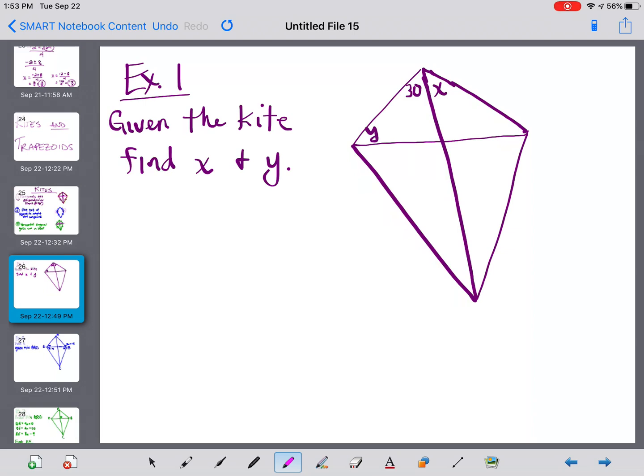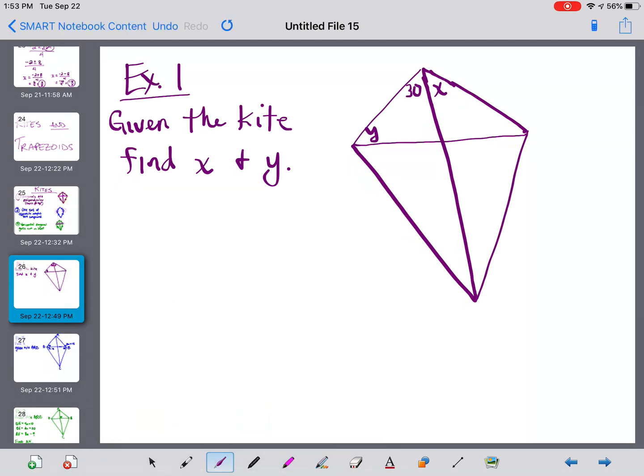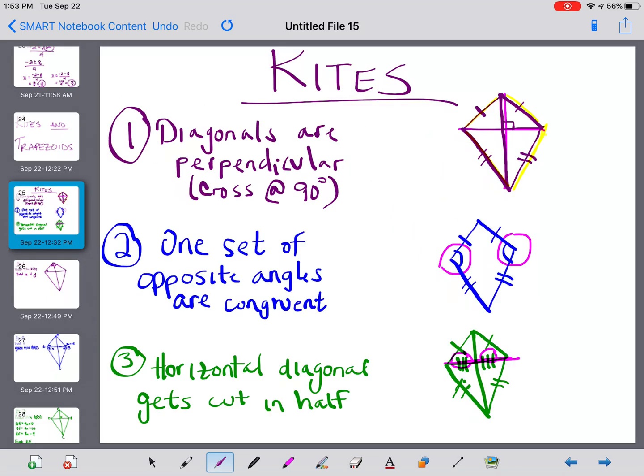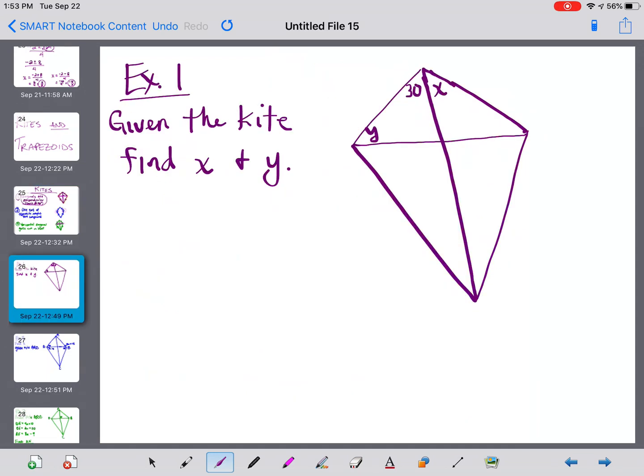Example 1, given the kite, find x and y. In this example, I'm trying to find an angle measure. If I think back to my properties, diagonals cross at a 90-degree angle. I think that might help me in this triangle. That tells me that this angle right here is 90 degrees.